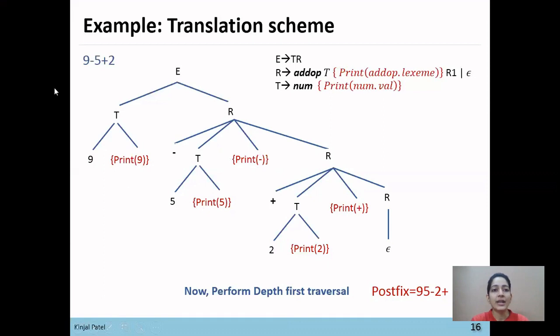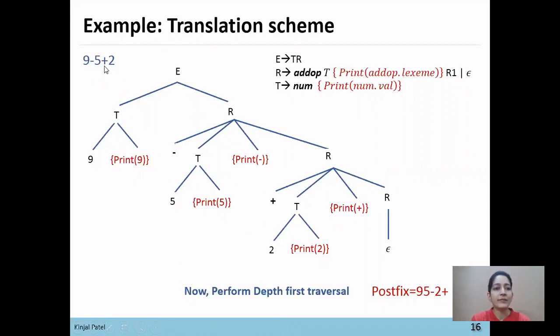So this is how we can construct a translation scheme for infix to postfix conversion. So here the parse tree gets generated from this expression in first come first serve manner of operator. Means there are two operators, minus and plus, in this expression. So first minus will get executed and then plus will get executed.